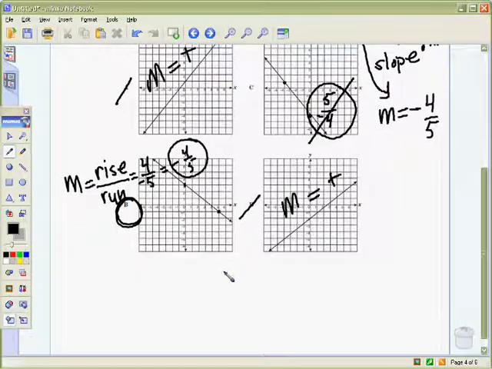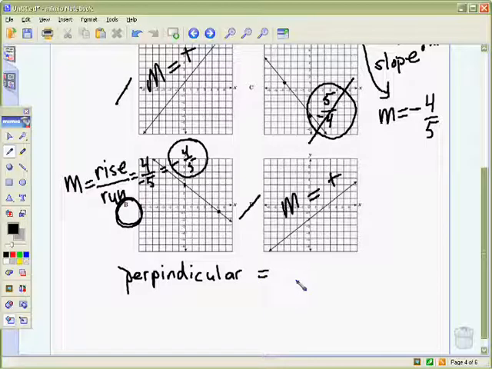Real quick, if they were to ask you to find the slope of a line that is perpendicular to a line, remember we said that parallel lines have same slopes? Well, perpendicular lines have slopes that are what we call opposite reciprocals.